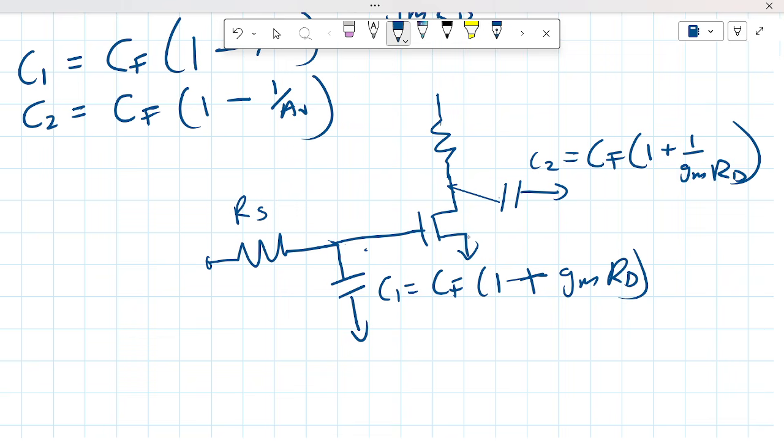So can we get the poles at the two nodes? Let's call this node 1 and this node 2. From node 1, if we set the input to 0, what resistance do we see from node 1 to the ground?